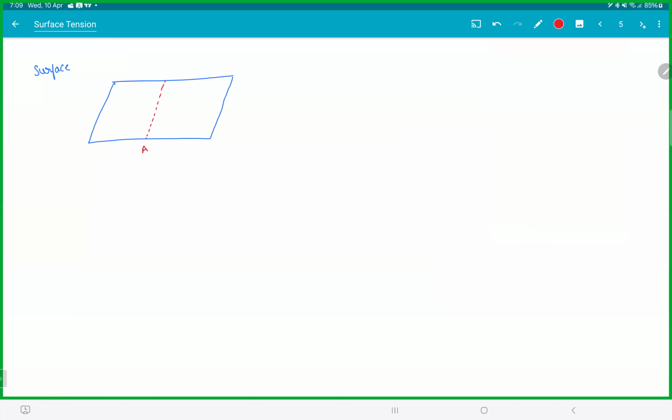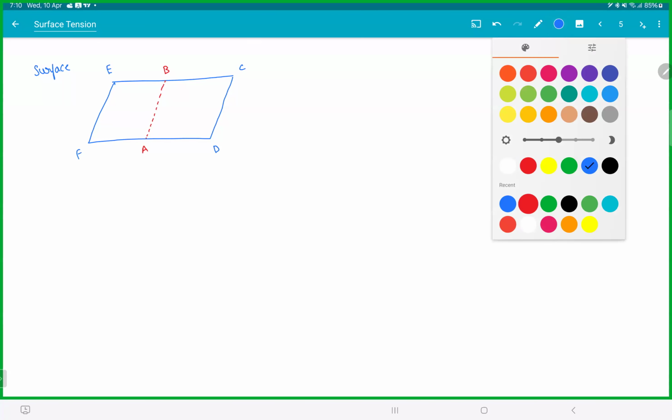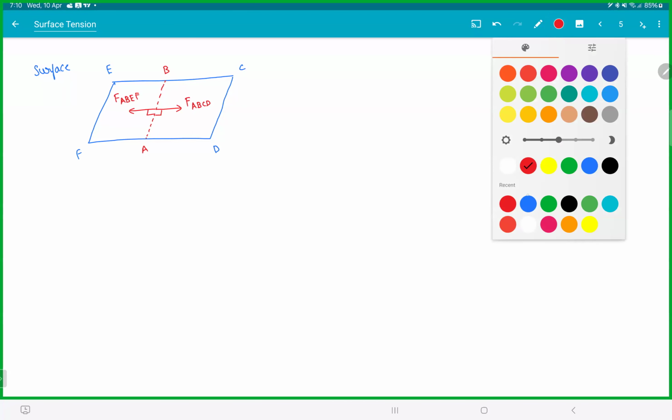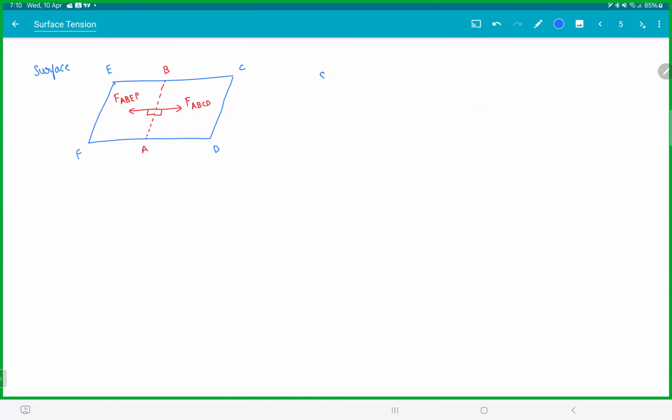Let's call this A, B. This is C and D. This is E and F. So each surface will pull this line with a force F. This force is F, A, B, C, D, perpendicular to the surface. This force will be F, A, B, E, F, perpendicular to the line. So the surface tension acts like a membrane.